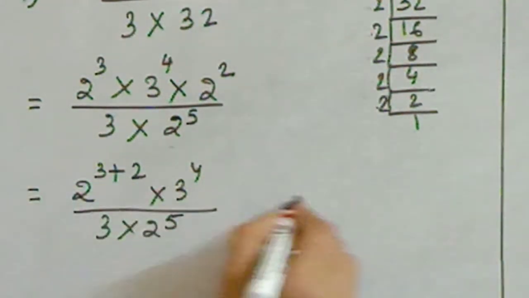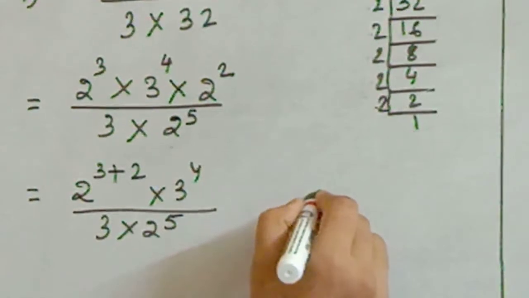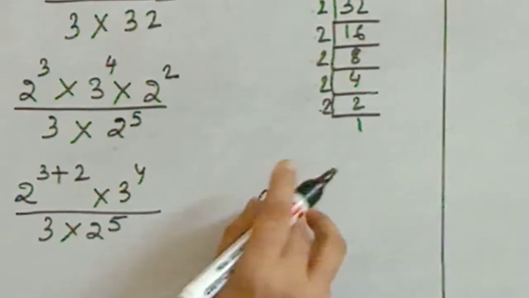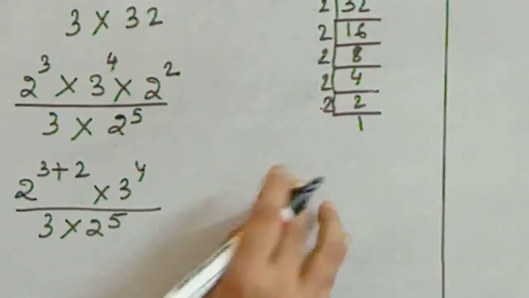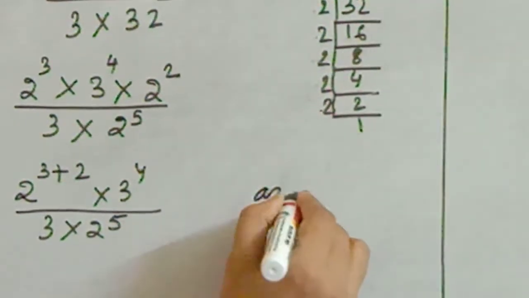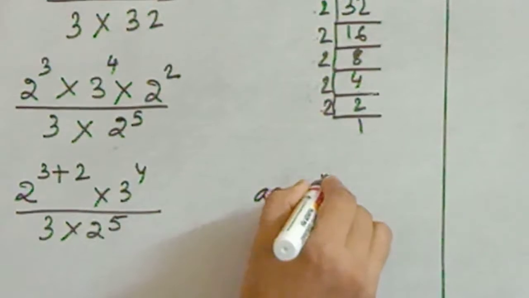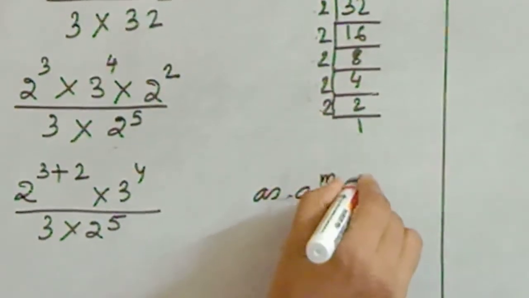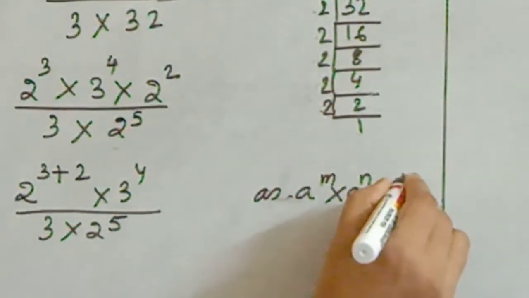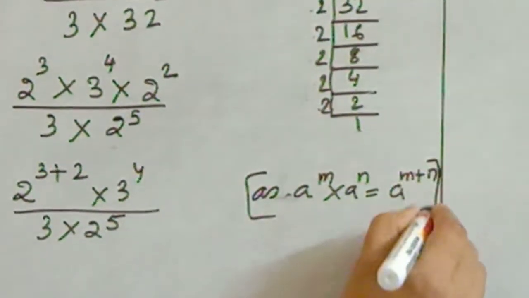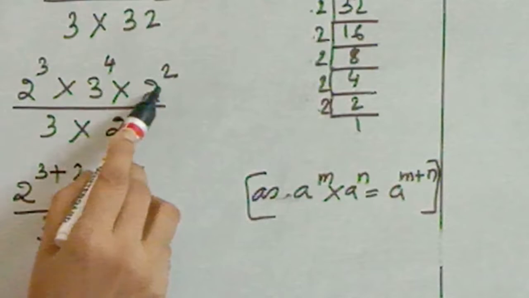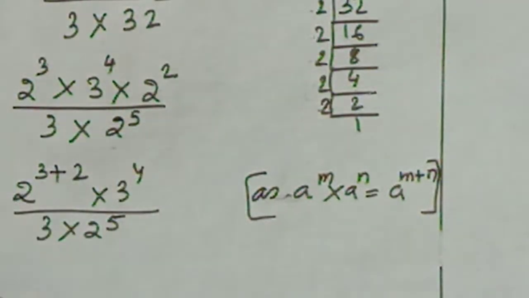Which law are you using here? As a to the power m into a to the power n is equal to a to the power m plus n. That is why 2 to the power 3 into 2 to the power 2 you have added here.